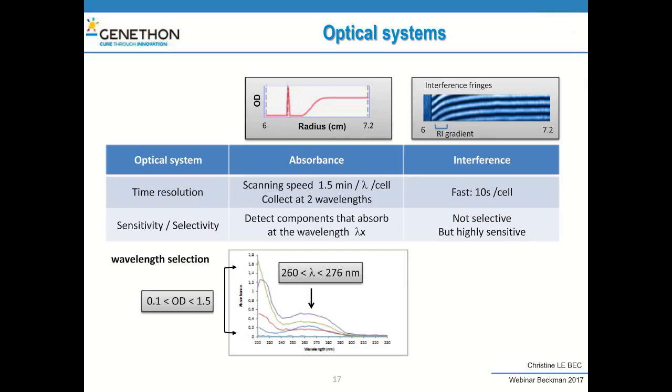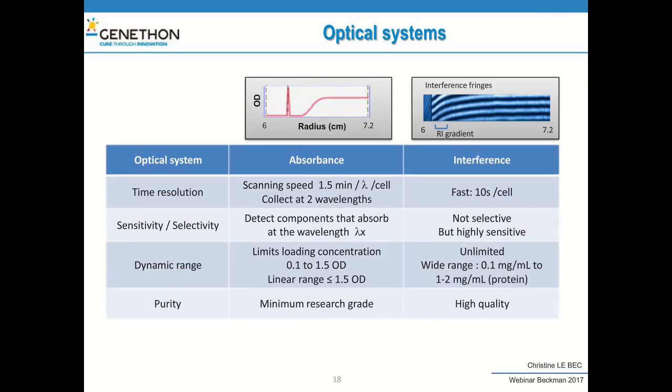For the wavelength in the case of AAV, you will choose where you have a flat signal, between 260 and 270 nanometers. In this range, the signal should be between 0.1 OD and 1.5 OD. This is the dynamic range of the absorbance signal.